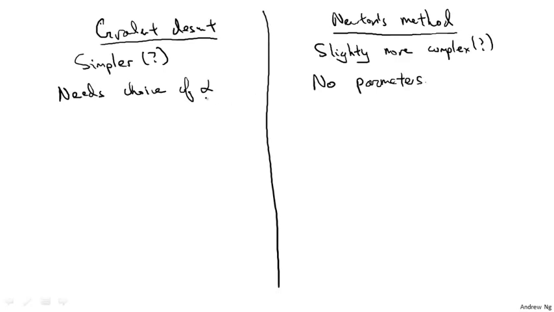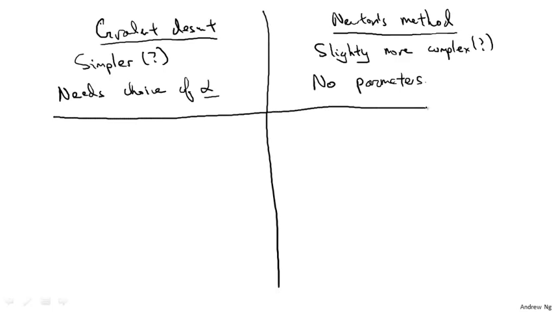In particular, depending on how much time you end up needing to tune the learning rate alpha, it's maybe slightly more questionable whether gradient descent or Newton's method would be a quicker algorithm to get running. I actually tend to think gradient descent, despite having to set alpha, is often a slightly simpler and quicker algorithm to get running, but this is certainly highly debatable, and depending on your problem and other details, the advantage may well go to Newton's method instead.